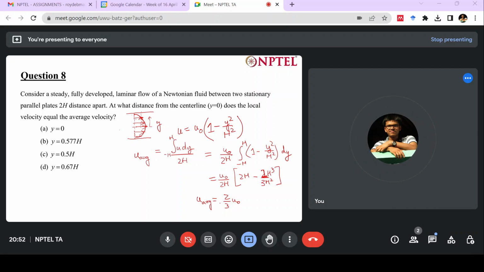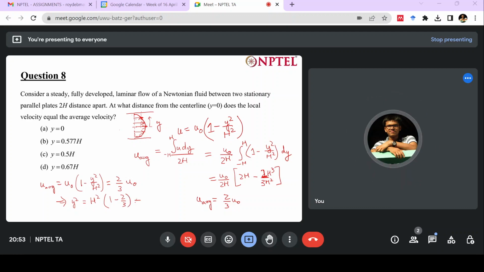So what is asked is at what y my velocity is equal to u average. To find that y, I have to equate u average. This is u0 times 1 minus y square by h square, and this is equal to what we have just now found out, 2 by 3. So u0 will get cancelled, and I will have y square by h square equal to 1 minus 2 by 3.